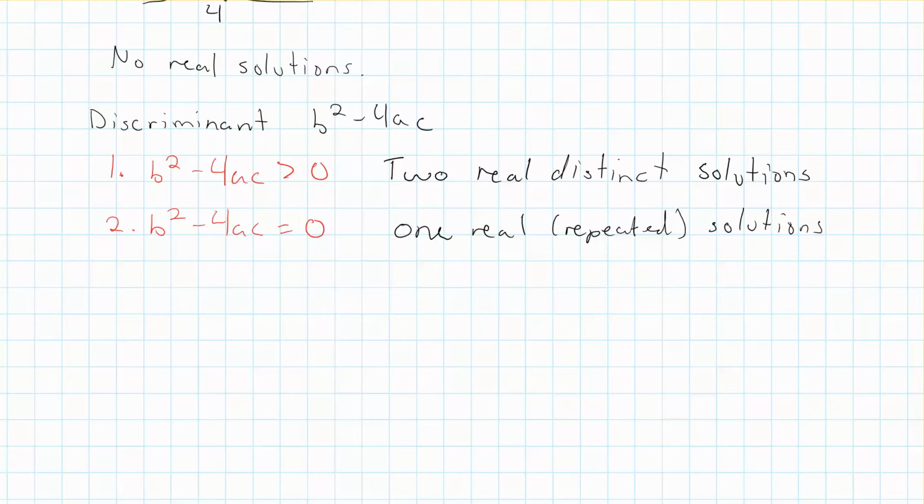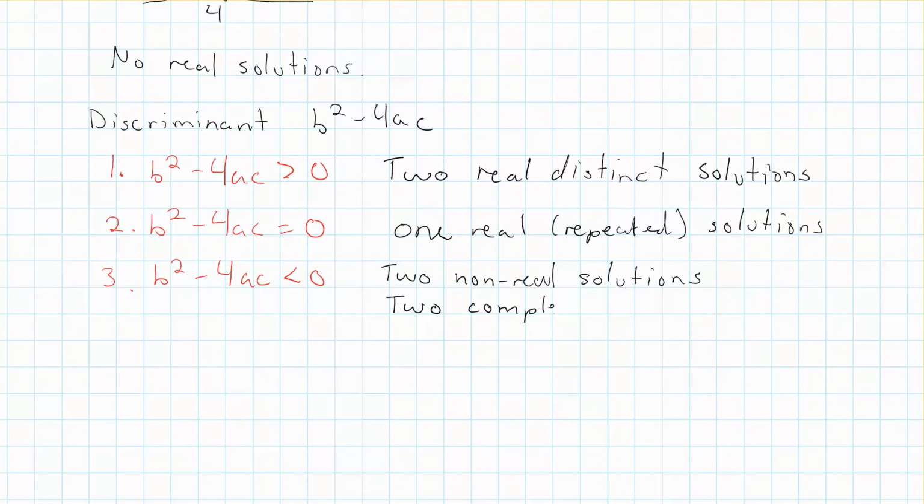And then the third case, which is what happened in the previous problem, is if you have b squared minus 4ac being less than 0, we have two non-real solutions, or what we'll learn in a couple videos, these would be called two complex solutions.